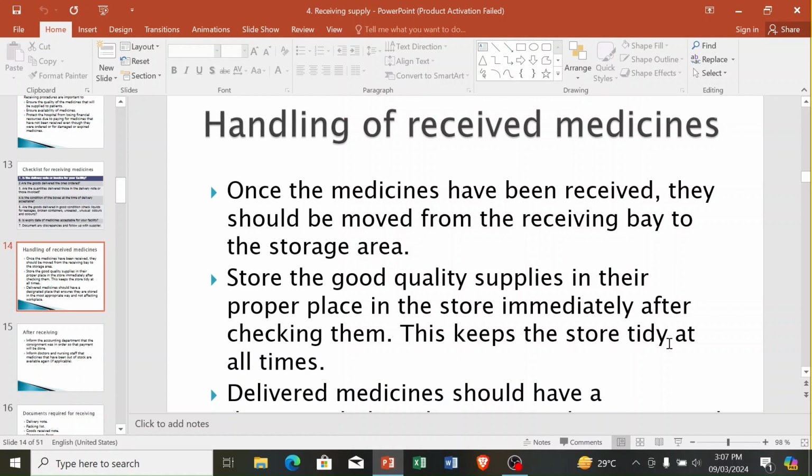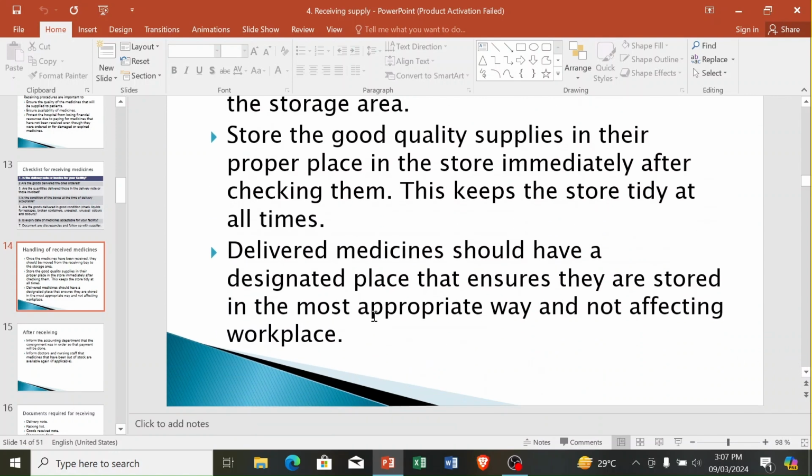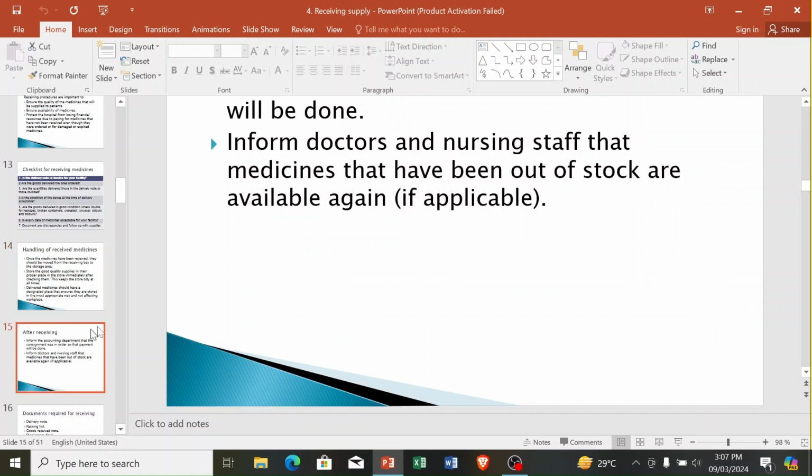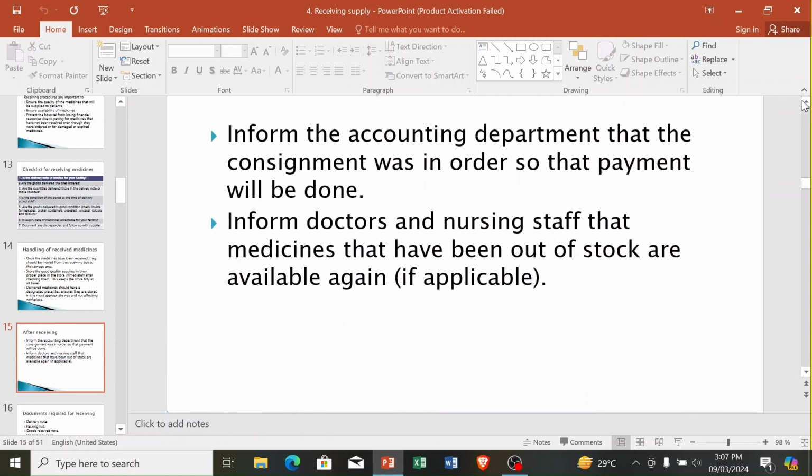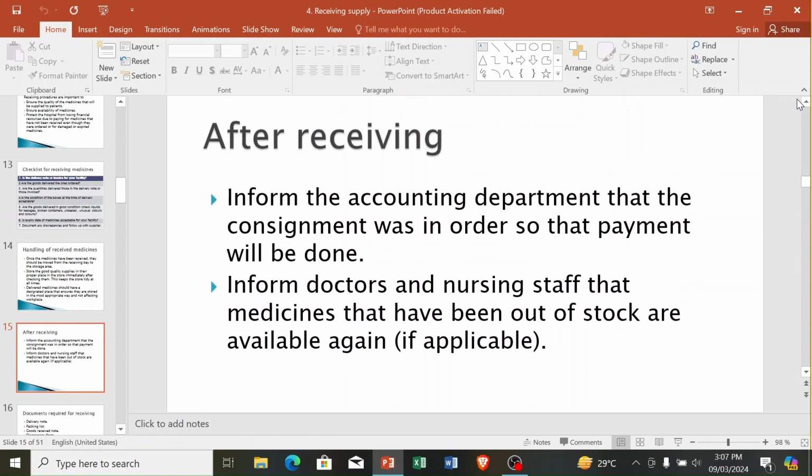This keeps the store tidy at all times. And then delivered medicine should have a designated place that ensures that they are stored in the most appropriate way and not affecting the workplace. Okay, this is how you are going to handle them.